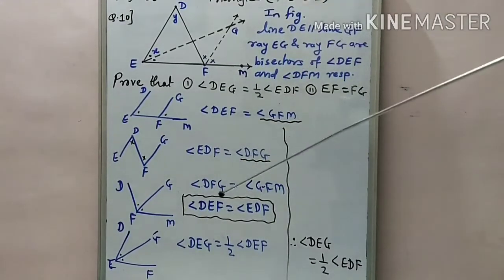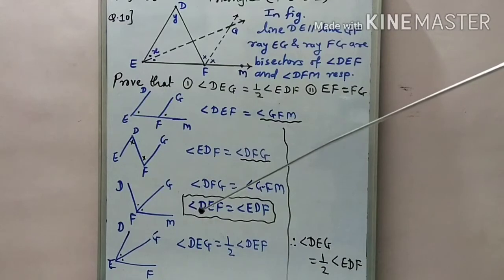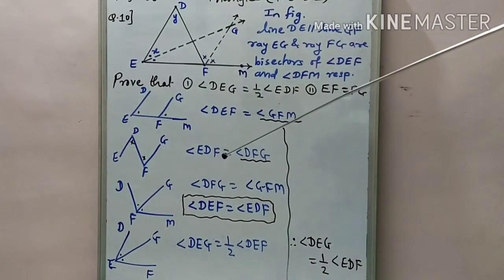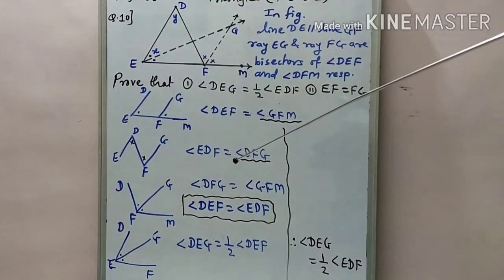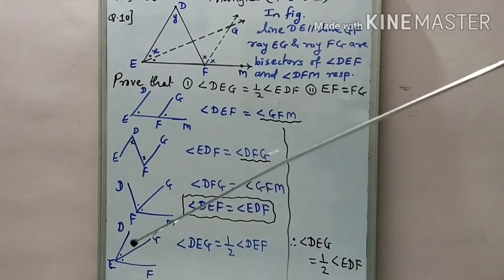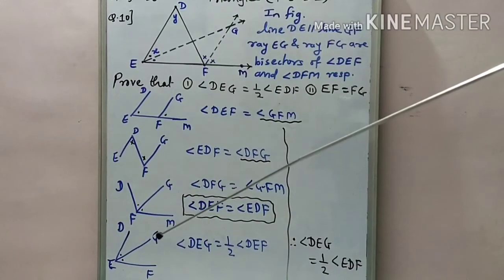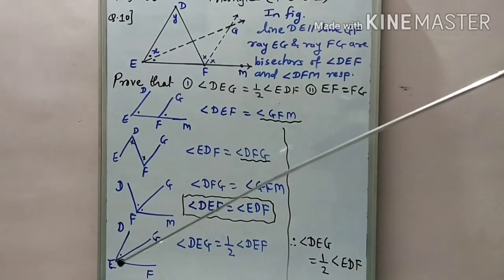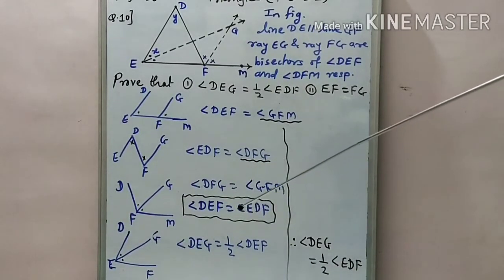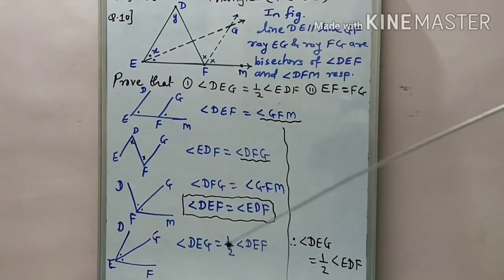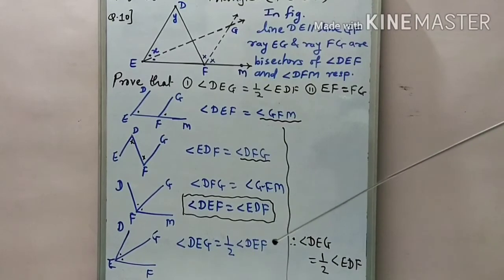Understood it? What are we doing here? We first prove angle DEF equal to angle EDF by the corresponding angle theorem and alternate angle theorem, and then we use that angle bisector property here, and we say angle DEG is half of angle DEF, but we already proved that angle DEF is equal to angle EDF, so we replace this angle DEF with angle EDF.